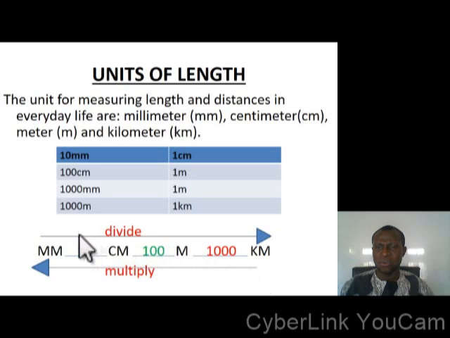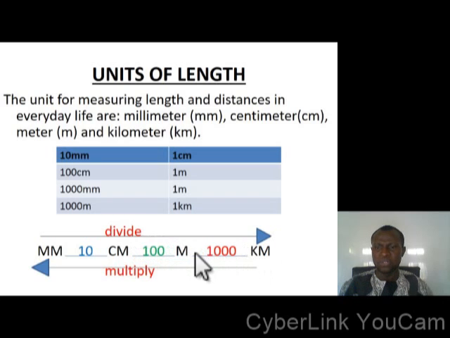Now you can see the arrow that moves toward the right hand side. That arrow signifies division. Then we also have the one placed below, which is pointing towards the left hand side. That one signifies multiplication. So for you to be able to do this, I expect you to write from the smallest of the units to the biggest of it. Here we have millimeter. After millimeter, you have centimeter. After centimeter, you have meters. After meters, you have kilometers.